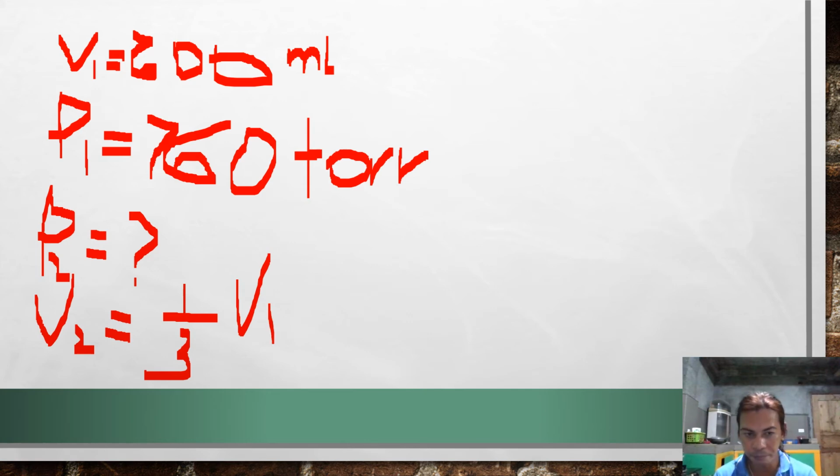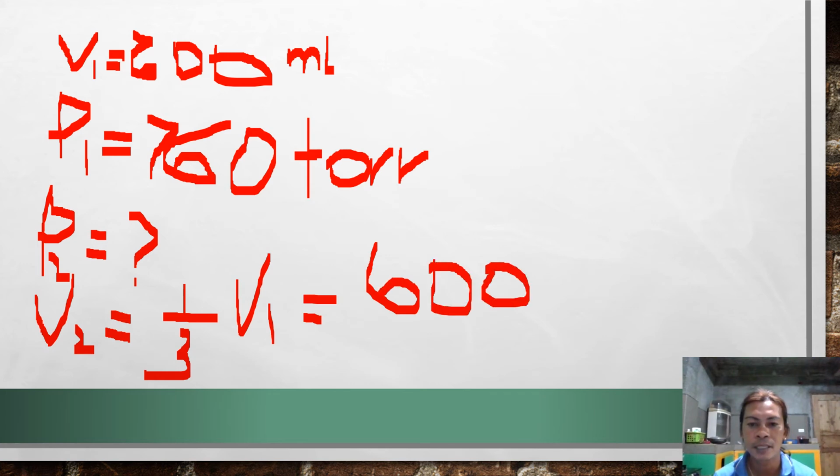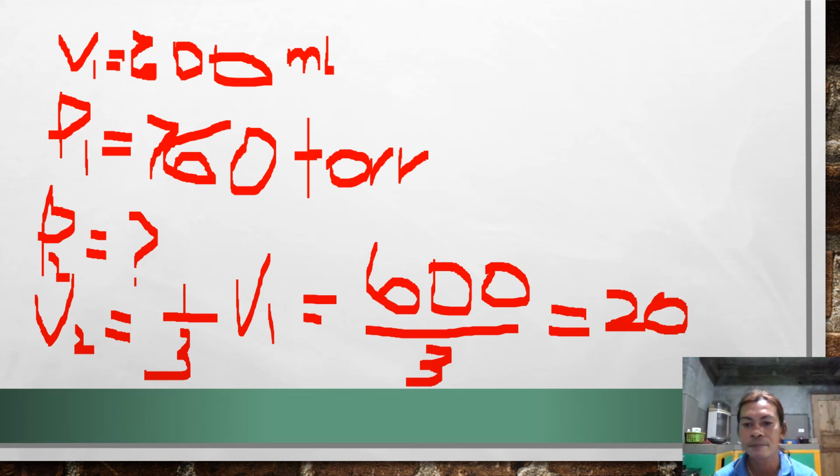Meaning to say, 600 divided by 3, which is equal to 200. That is 200 ml. So we are going now to use volume 2 as 200 ml.